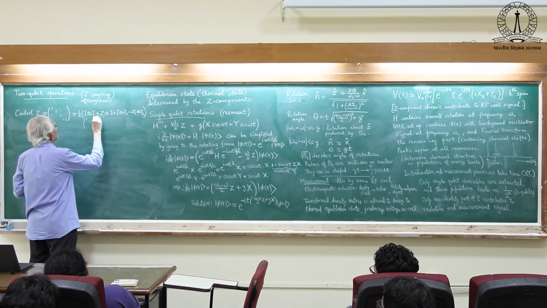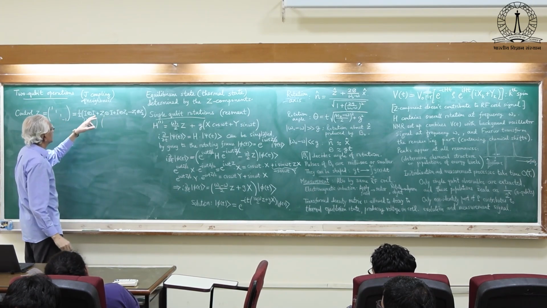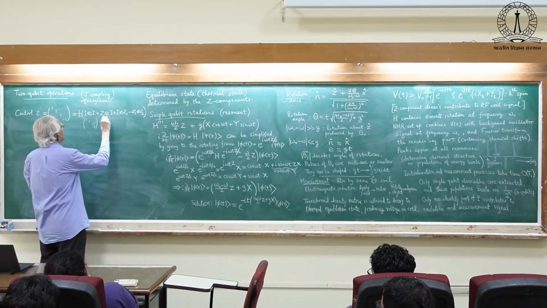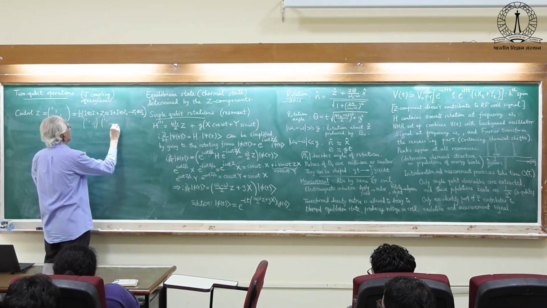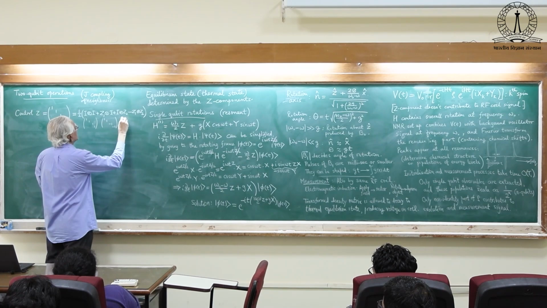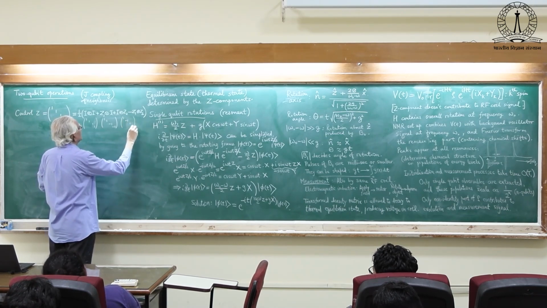This is 1, 1, 1, 1. This one is a Z1 times identity, so it is 1, 1, minus 1, minus 1. This is identity times Z2, so it will be 1, minus 1, 1, minus 1.